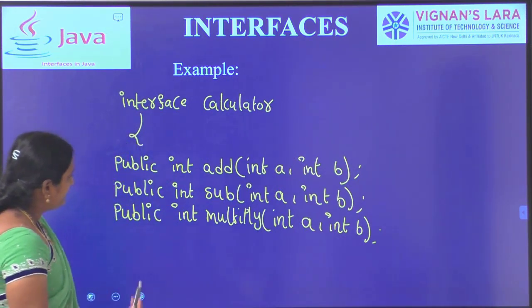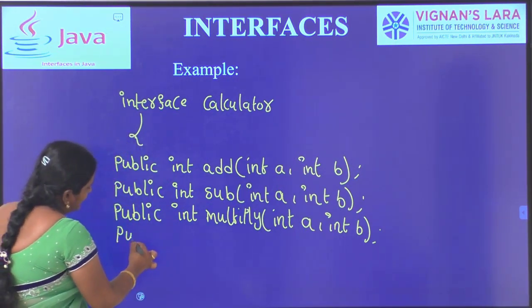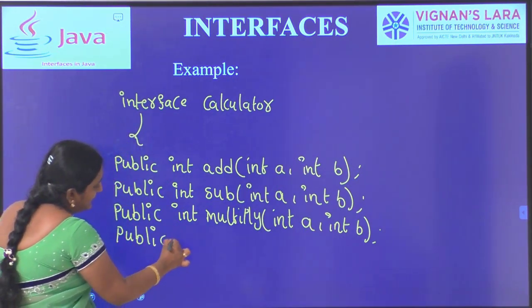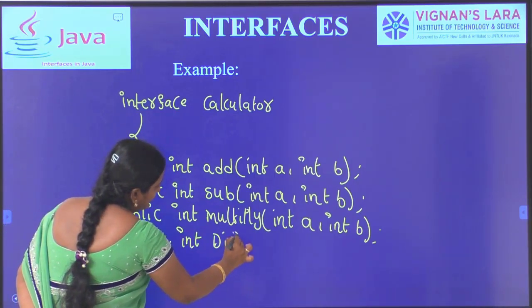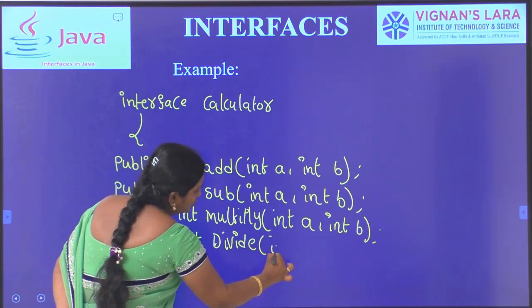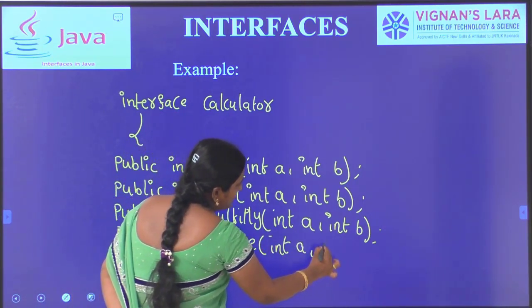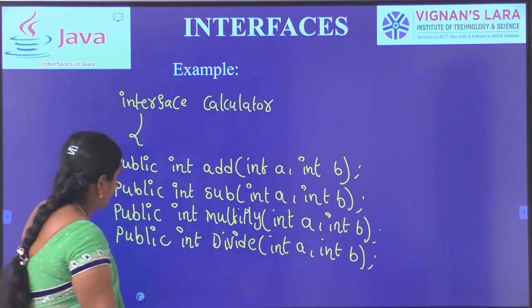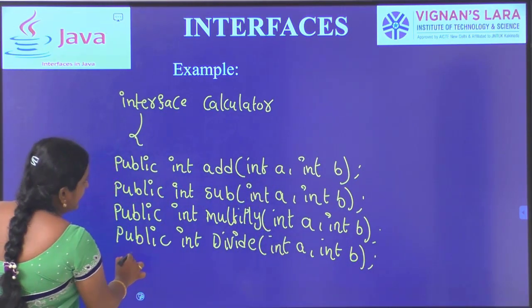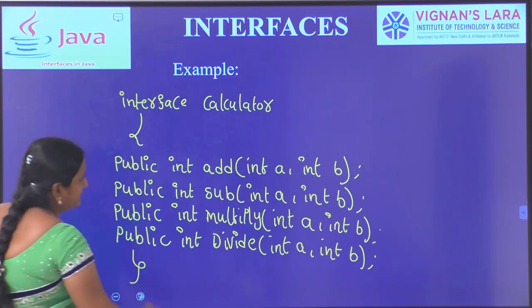Next, one more method: public int divide, with two arguments, int a comma int b. Next, here I am closing the interface body.